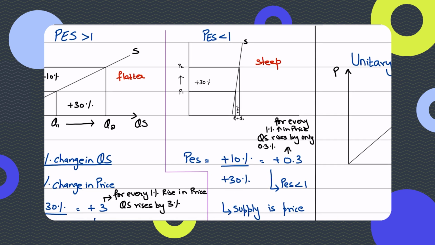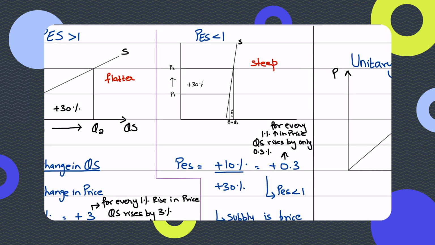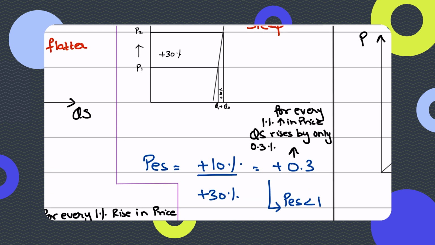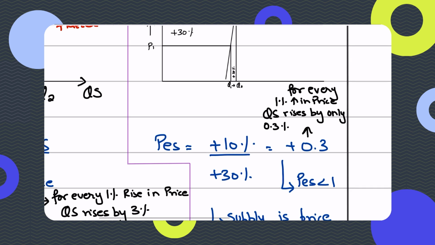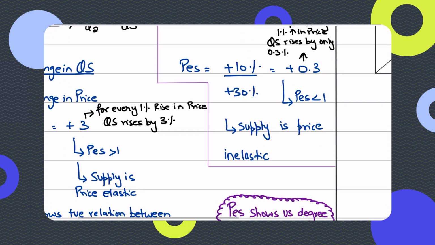So the answer would be plus 0.3, which means that the PES of 0.3 is less than 1. So whenever PES is less than 1, it is inelastic, meaning that supply is less responsive proportionately to price changes. And the number 0.3 just means that for every 1% increase in price, quantity supplied rises by only 0.3%. The supply is highly unresponsive at this point, so it's inelastic, right?